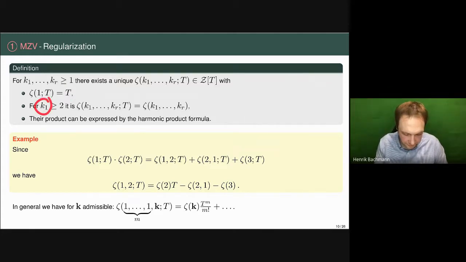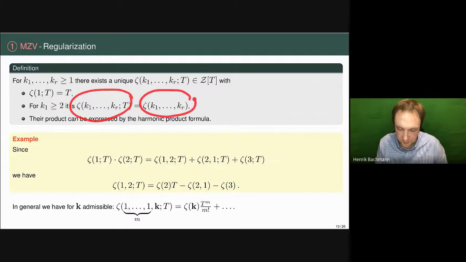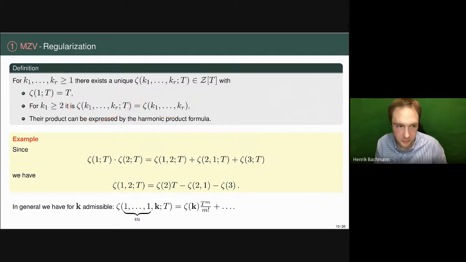Then if the first entry is greater or equal to 2, then this polynomial is just the constant, the corresponding zeta value. And then the third condition is that they should satisfy this harmonic product formula. Doing these calculations with the sums we did before, one can do on a purely algebraic level without thinking about convergence. So this here is maybe just a rough statement, but that's why I give an example here.